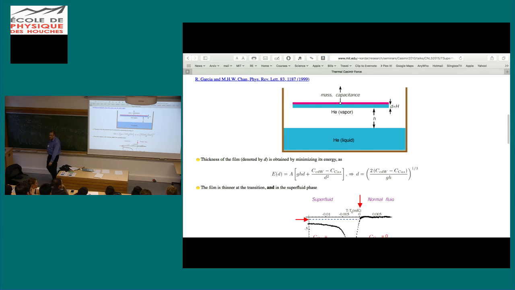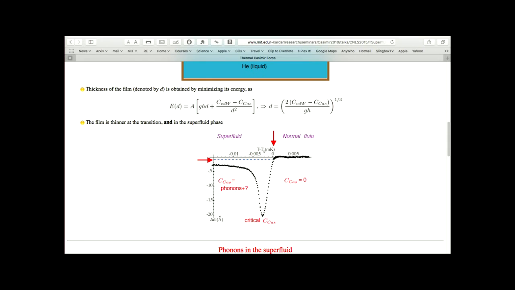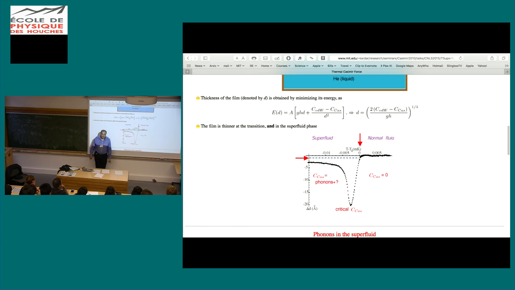Okay? So you would say that right at the transition, suddenly, because of the critical fluctuations that appear, this coefficient changes, and so the thickness of the film should be modified. And indeed, what they see is that once they hit the transition, whoop, the thickness of the film suddenly changed. Okay, the film became squished, if you like.